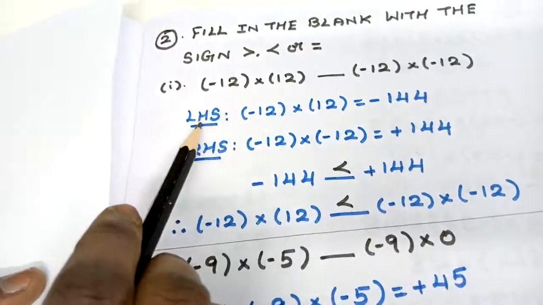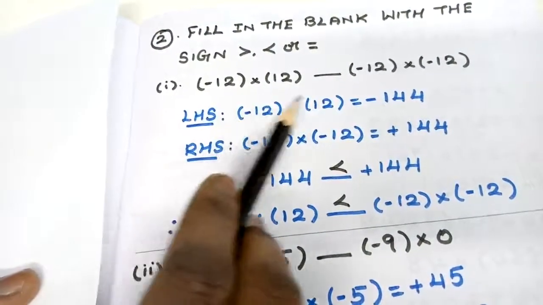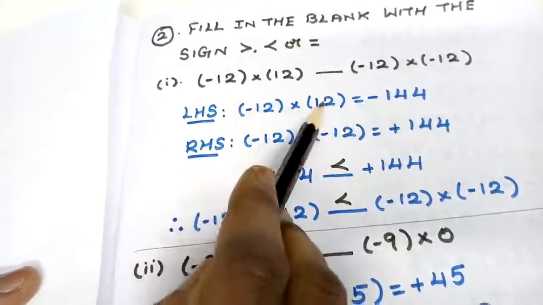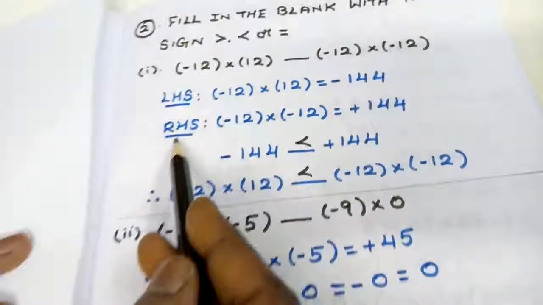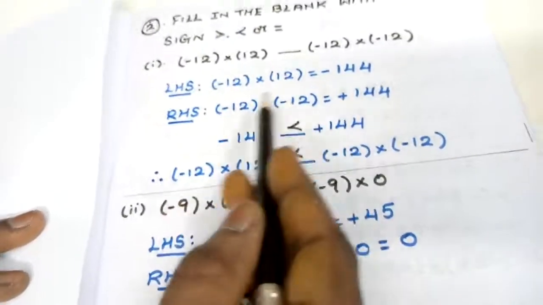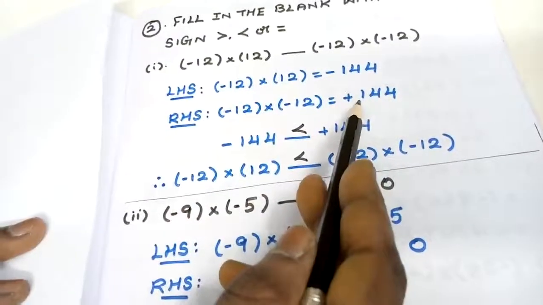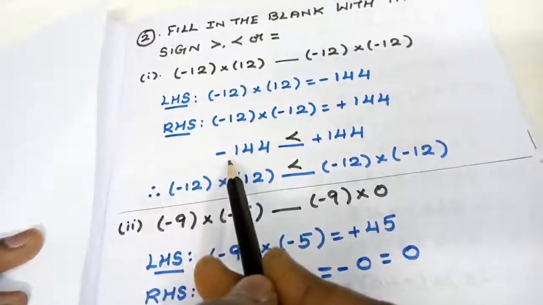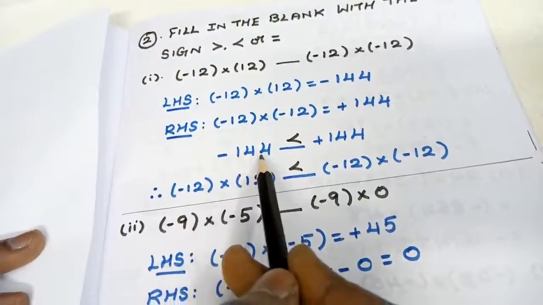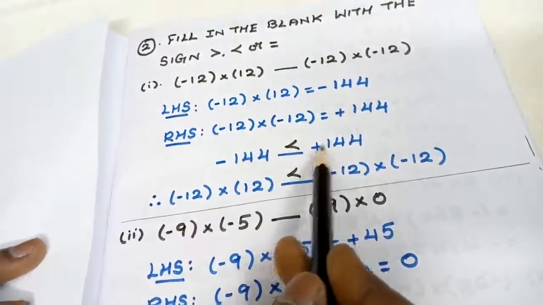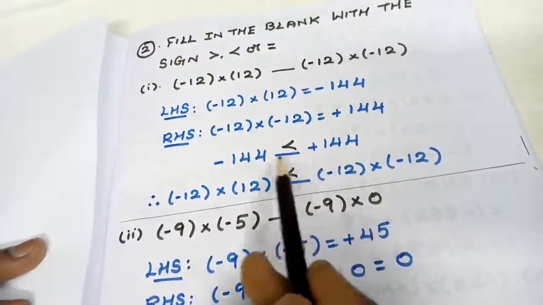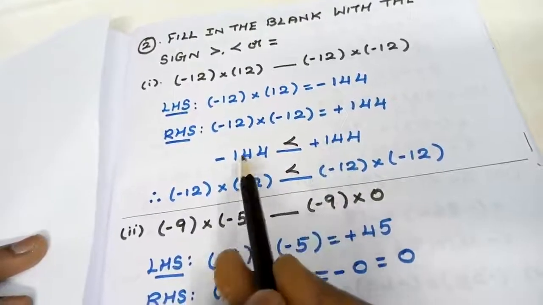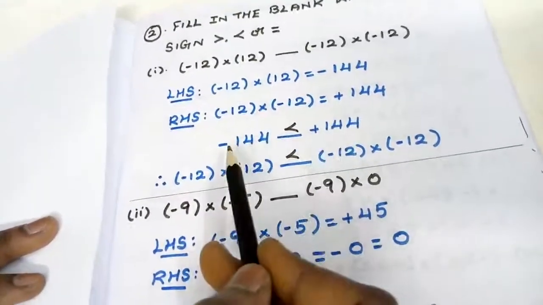First I take the left hand side. Minus into plus is minus, 12 into 12 you will get the value as 144. Similarly the right hand side: minus into minus is plus, 12 into 12 is 144. On the left hand side I get minus 144 and on the right hand side I get plus 144. The speciality of these values is that both numbers are the same, 144, but the sign is different.